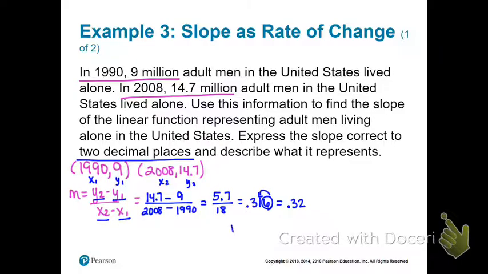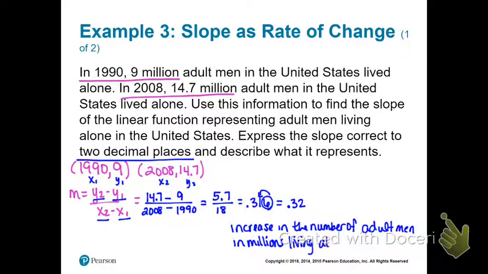So this represents the increase in, what were our y's? The number of adult men in millions living alone in the U.S. Okay, that was what my y's represented.